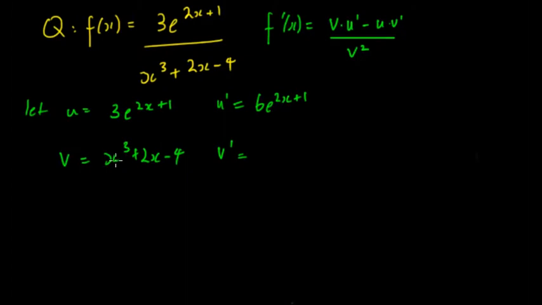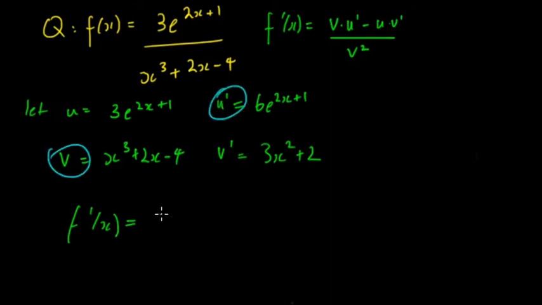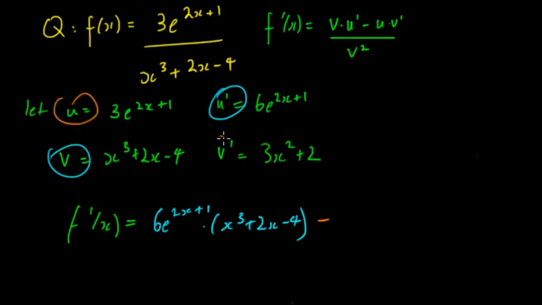So v is equal to 3x cubed plus 2x minus 4. This gives us v dash equals 3x squared plus 2. Now we apply this formula, so we get f dash x is equal to v times u dash, so that is 6e to the 2x plus 1 times x cubed plus 2x minus 4, and this is minus u times v dash, so that gives us 3e to the 2x plus 1 times 3x squared plus 2.